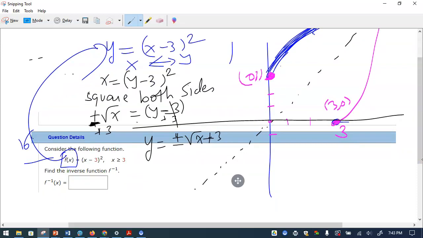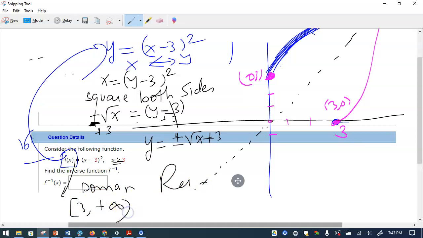Look at this: the original function's domain is restricted. So the domain is 3 to infinity, and the range: how do we know the range? By just looking at it, the lowest it can go is when x equals 3, and 3 minus 3 is 0. So the range becomes 0 to plus infinity.